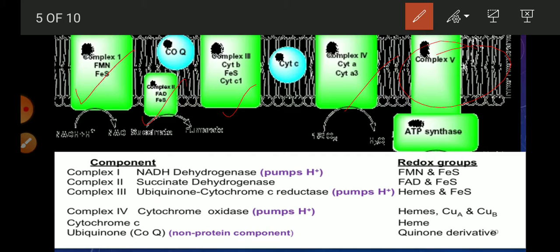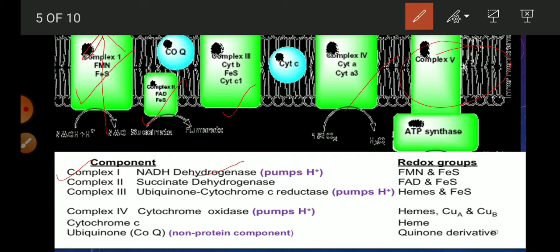In complex 1, the complex is called NADH dehydrogenase, and actually this is the proton pump by which protons move out of the inner membrane, from the matrix of the mitochondria.